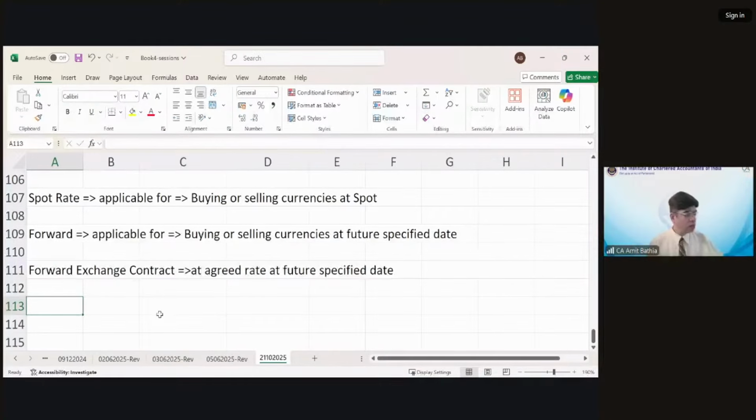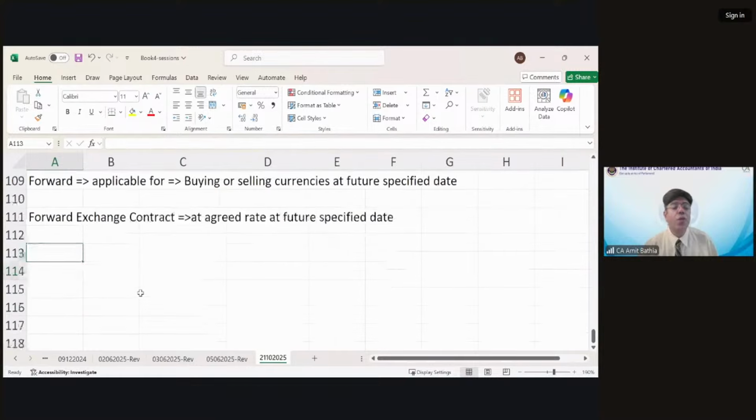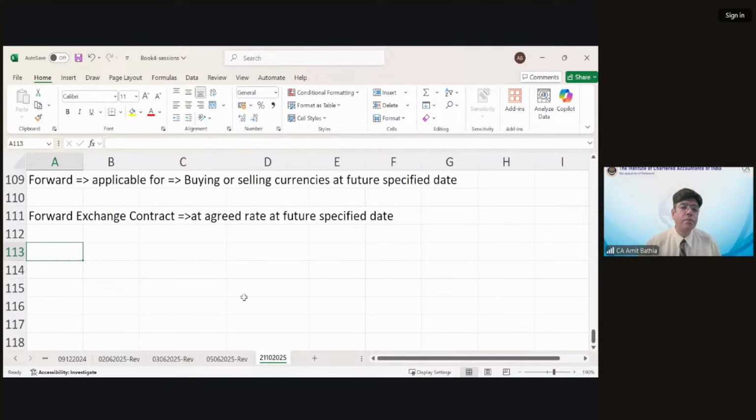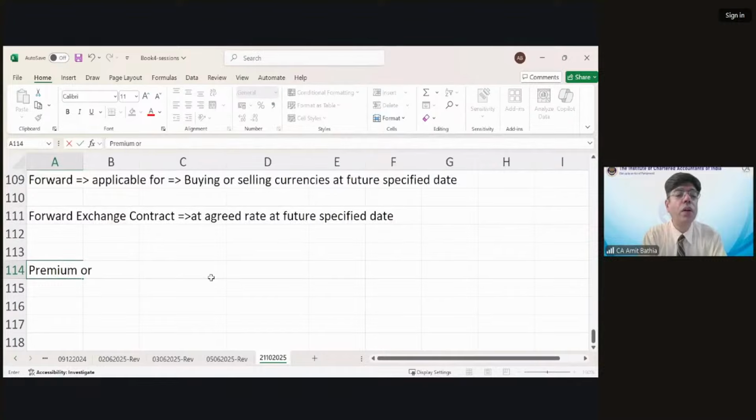Now, I need to know the premium or discount on a forward contract. Your forward exchange contract can be at a premium or at a discount. So how do you calculate the premium or discount on a forward contract?